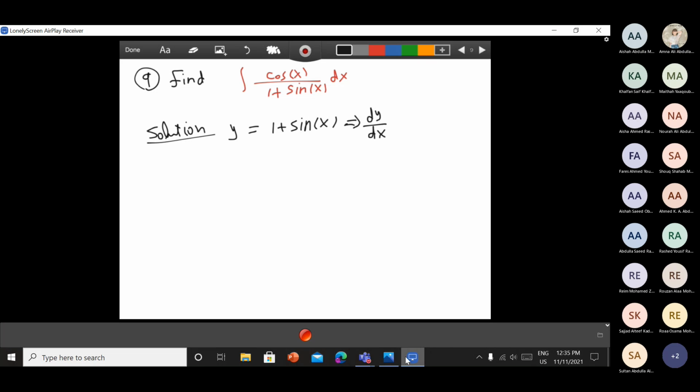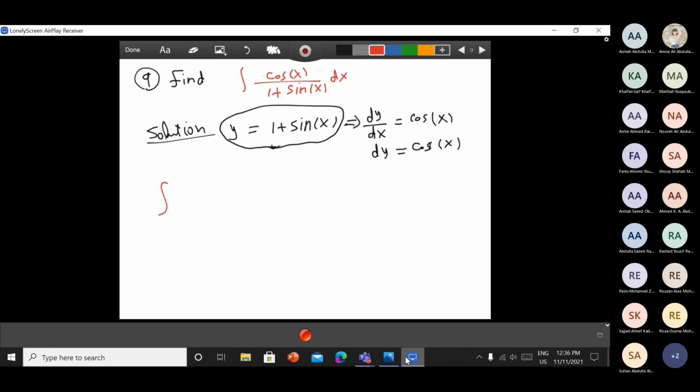by dx will equal to what? The derivative of 1 is 0. The derivative of sine is cosine x. Now dy will equal cosine x multiplied by dx.